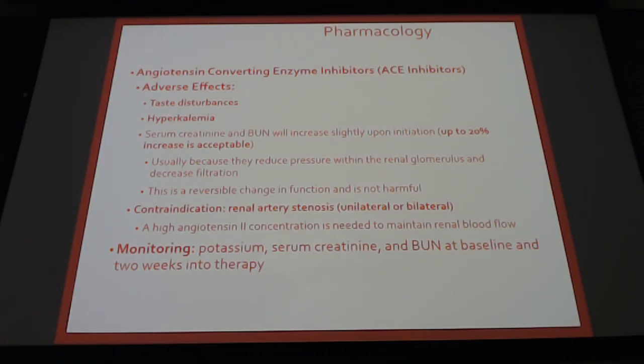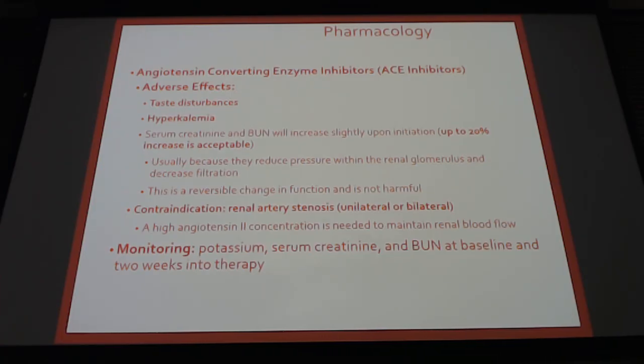So when we look at this, we're not going to use this in our patient who's already stuck like this because we want to maintain that renal blood flow. So we want to constrict as much as we can to get that blood flow to continue to go through as much as possible through that narrow hose.